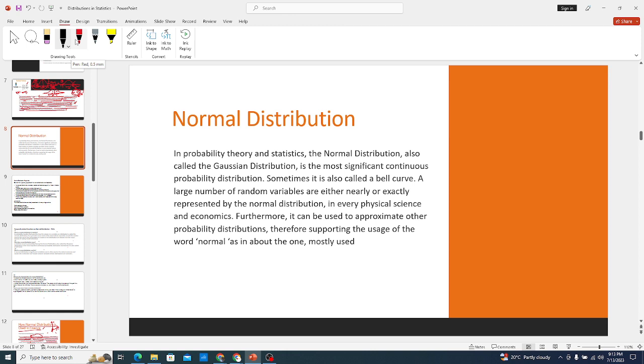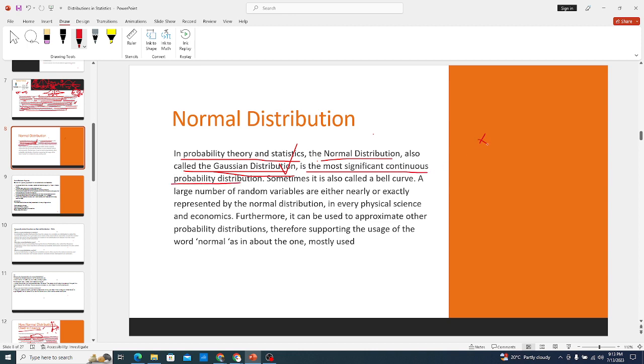Remember, I also said that normal distribution is also known as Gaussian distribution, or bell-shaped distribution. In probability theory and statistics, the normal distribution, also known as Gaussian distribution, is the most significant continuous distribution.